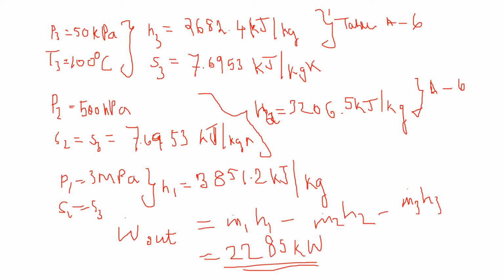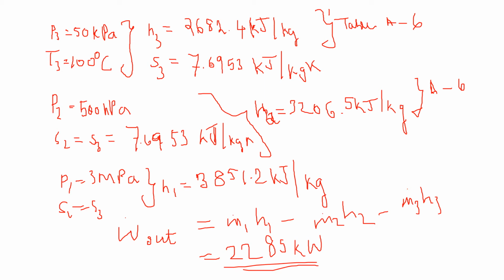Okay, so like we saw in the beginning, we applied the energy balance equation. We found what is the energy coming in, what is the energy going out, and then since we are dealing with a steady flow device, we cancel the dE by dt. So these are the things you need to perform. Okay, and we also said we are performing for an entropy change of a pure substance.